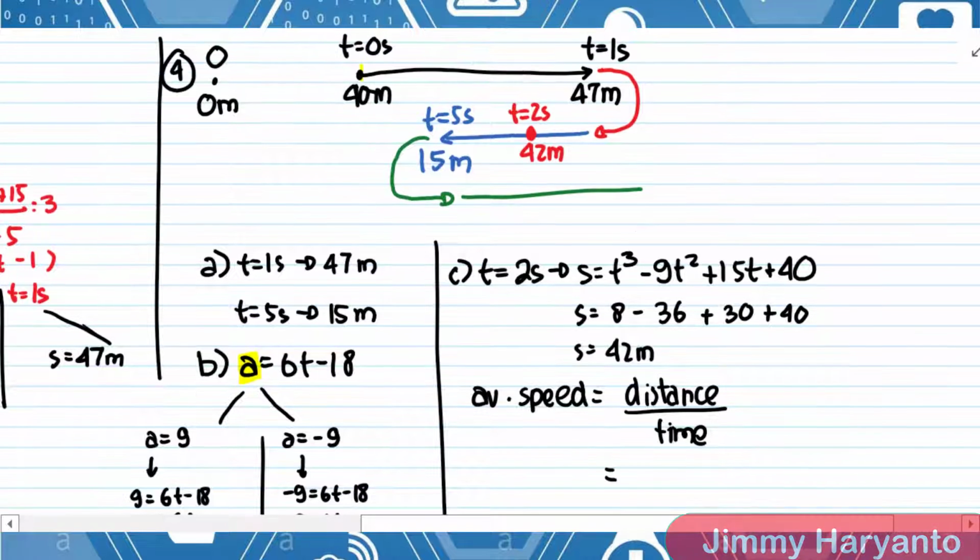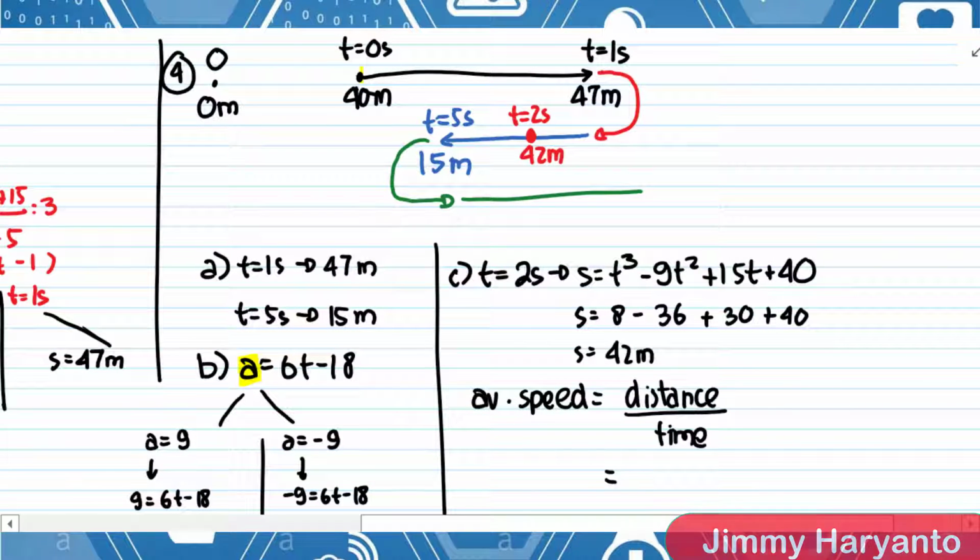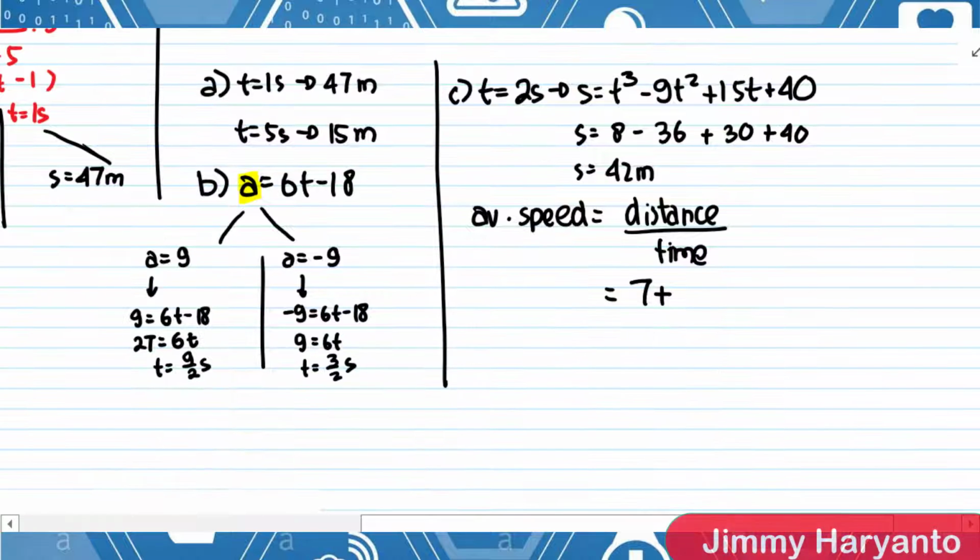Okay, the total distance will be, for the first one it will be 7 plus, for the second motion it will be until 2, from 47 meters to 42 meters, it's 5. So the distance will be 7 plus 5 over 2 seconds, so you'll have 6 meters per second.